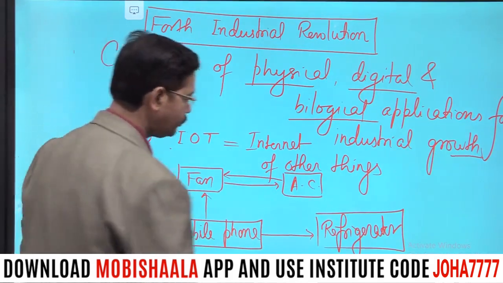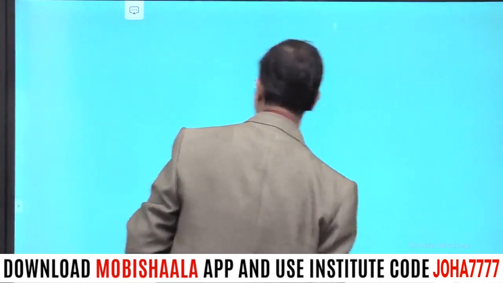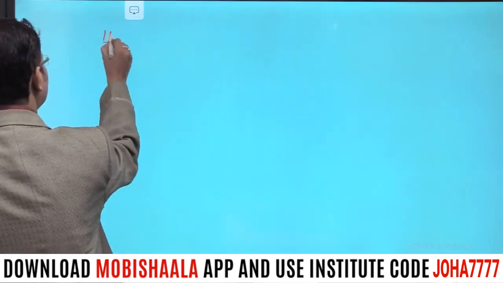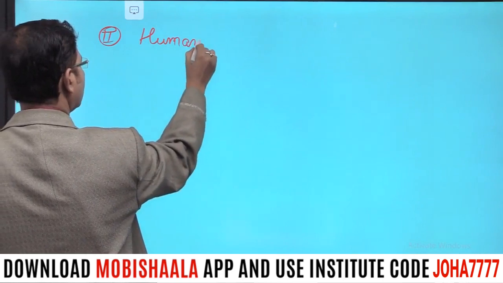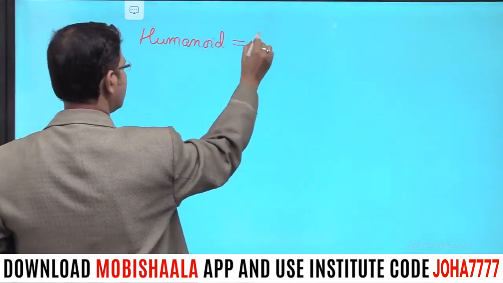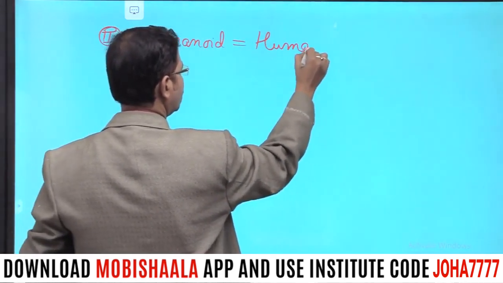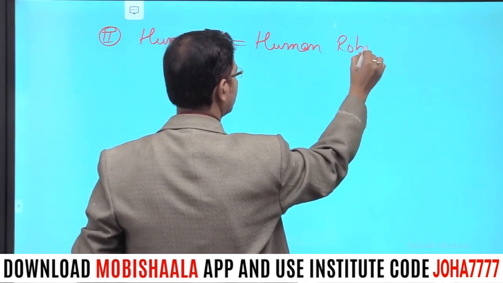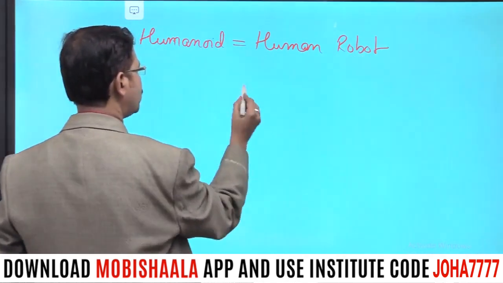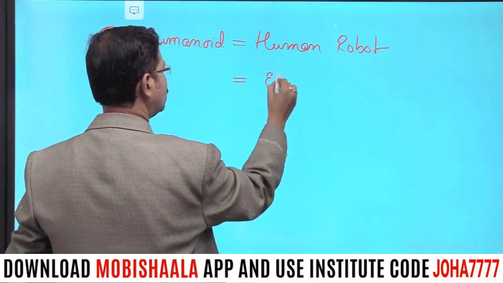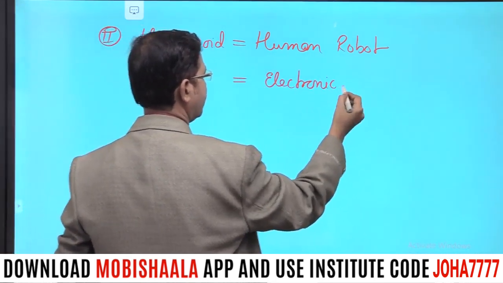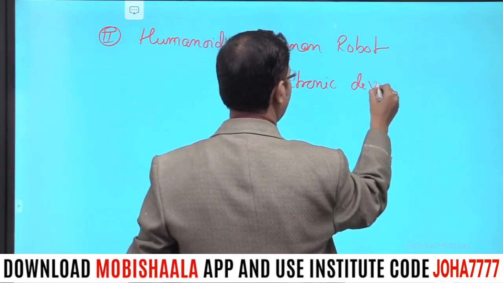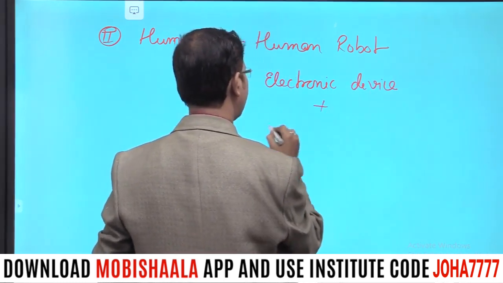Now another example, humanoid, or you can say it is the human robot. So in this human robot there is again an electronic device plus there is what?